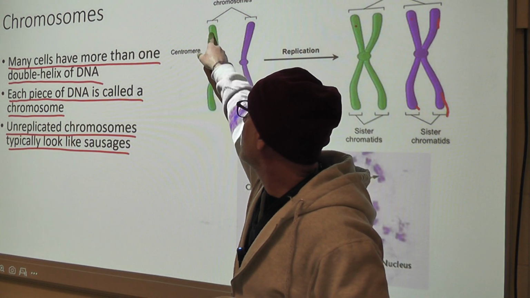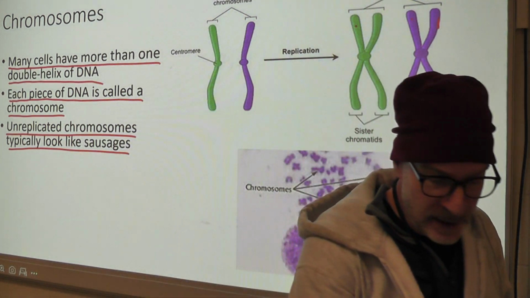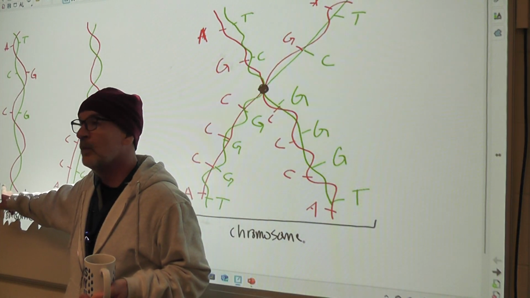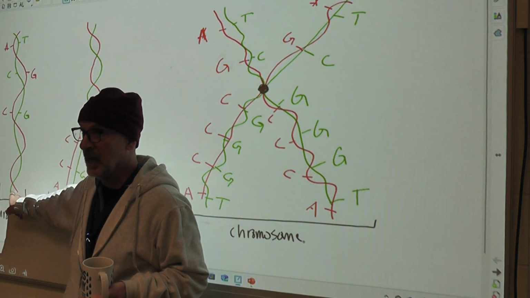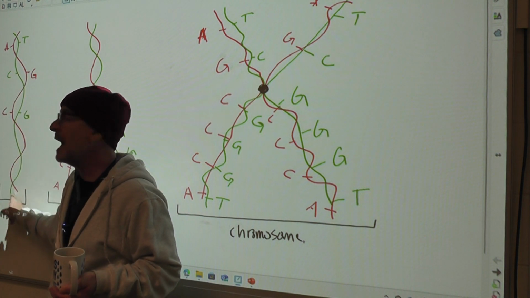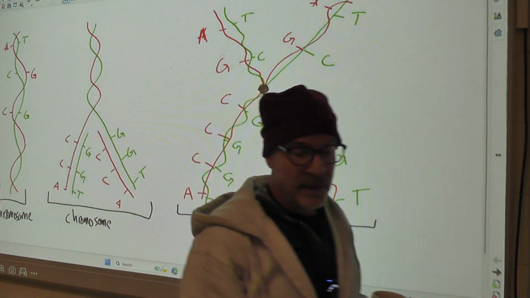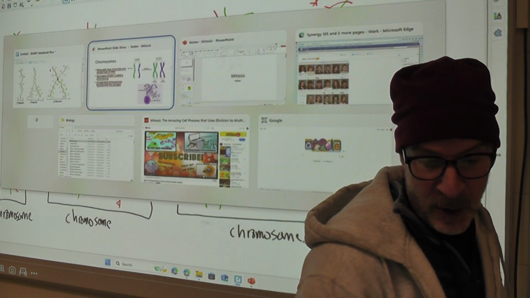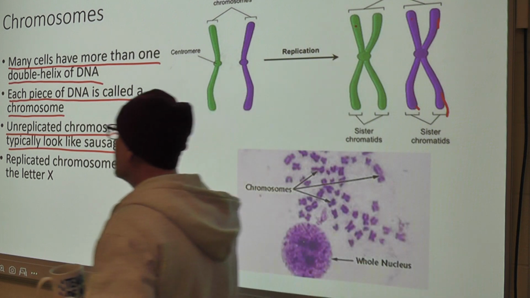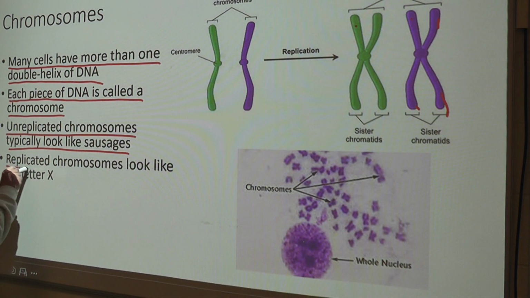What's really going on here, this green thing right there, is the equivalent of this chromosome right here. There's two strands of DNA that are complementary, but there's only one set of those two strands. That would be an unreplicated chromosome. And then when the chromosomes replicate, most of the time they look like an X. Sometimes they look like a V.